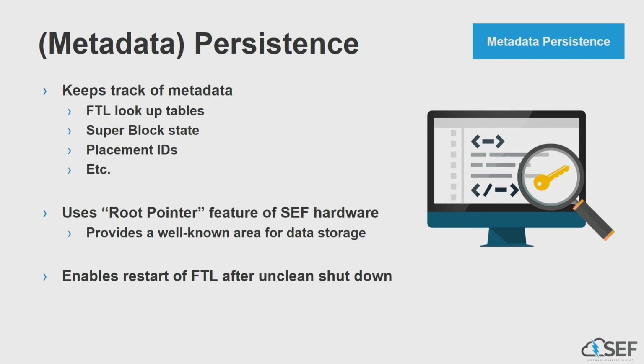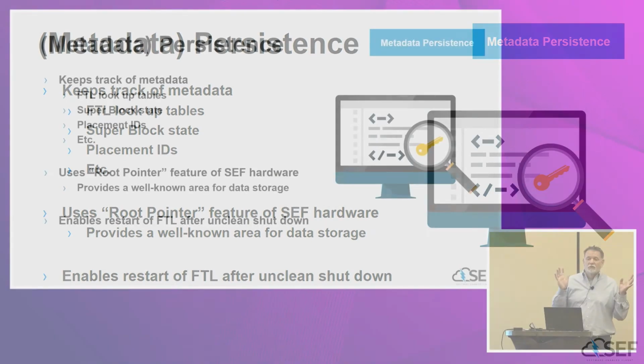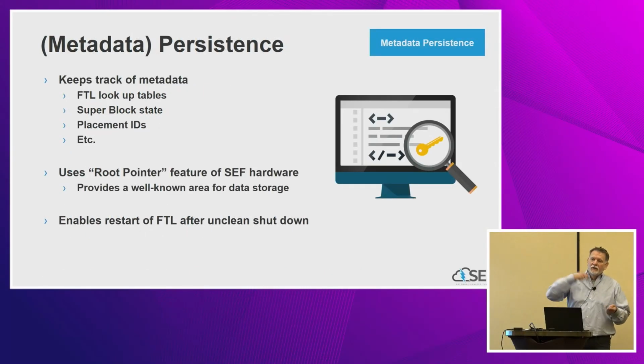That root pointer can be stored in a special location associated with each QoS domain. Each QoS domain can have up to 8 root pointers associated with it that can be used for storing arbitrary user metadata. This provides that anchor point, that breadcrumb trail, to allow you, at system initialization, to have a known location that you can read from the root pointer, and it will point to where your metadata is so you can initialize your lookup tables and state tables and then interact with the device.